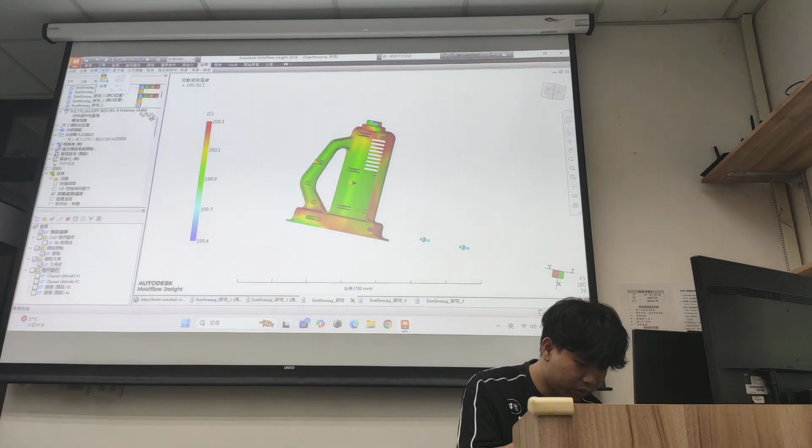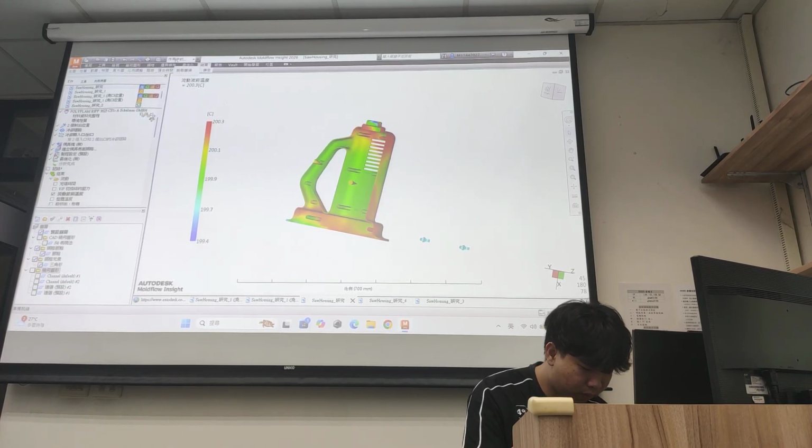Looking at the temperature at flow front, the results are highly stable. The temperature ranges between 199 and 200 degrees Celsius. This uniform temperature prevents flow lag and ensures a good surface finish.